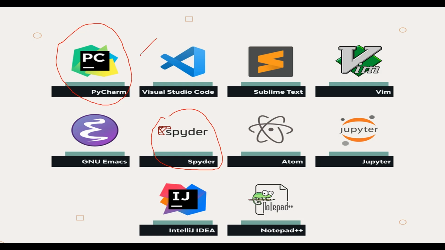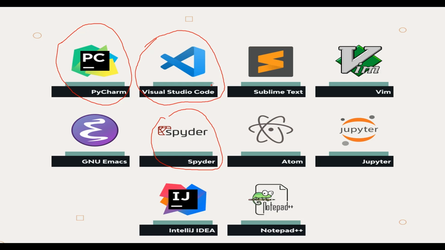Here is also one of the most popular tools, which is VS Code, or we can say Visual Studio Code. Although not Python specific, VS Code is a lightweight yet powerful code editor developed by Microsoft. So, who developed Visual Studio Code? It is developed by Microsoft.